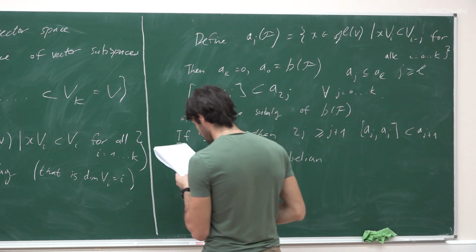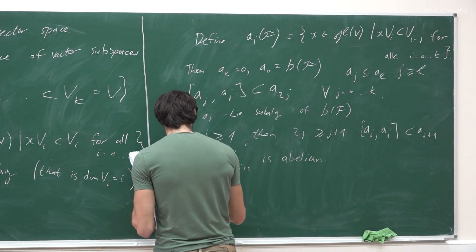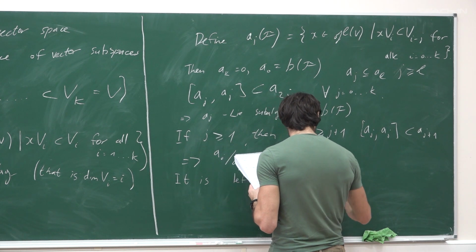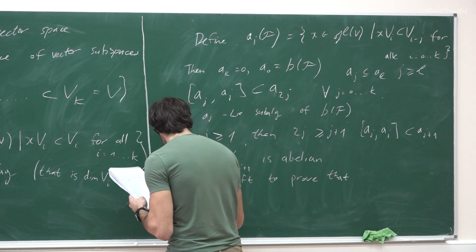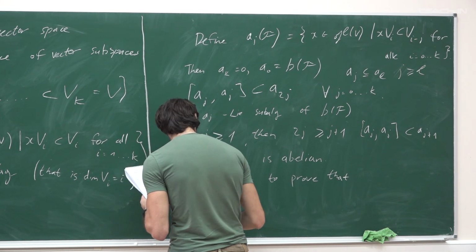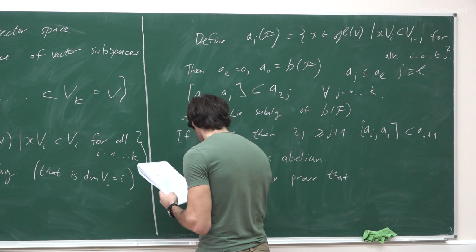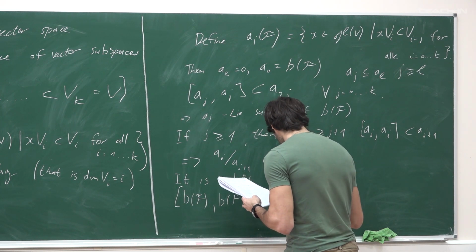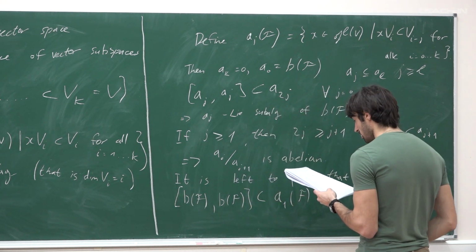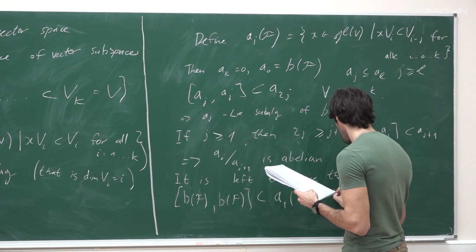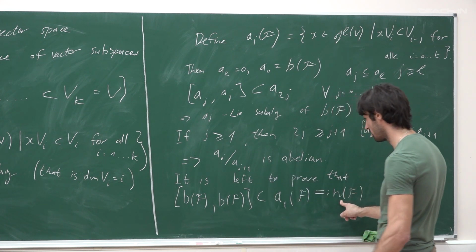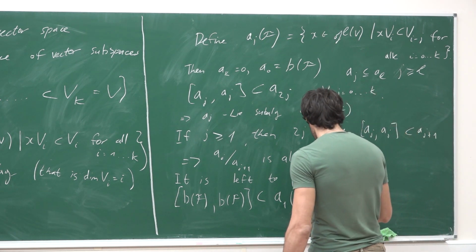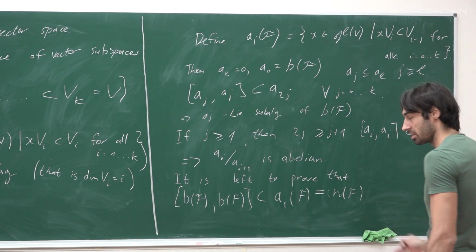So it is left to prove that if I take A_0, which is B of F, and compute its commutant, then it's inside B itself, of course, but we would like something stronger: it's inside A_1 of F. By the way, this thing is called N of F, and this will be a natural example of a nilpotent algebra, which is strictly upper triangular matrices, right?